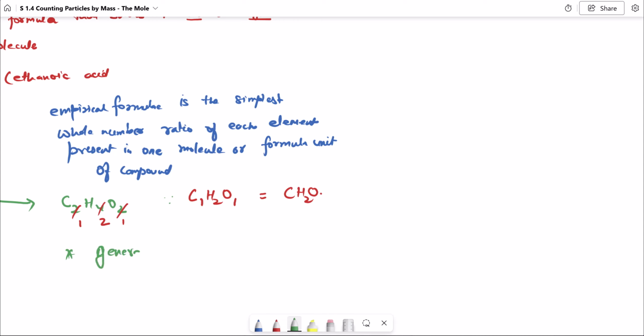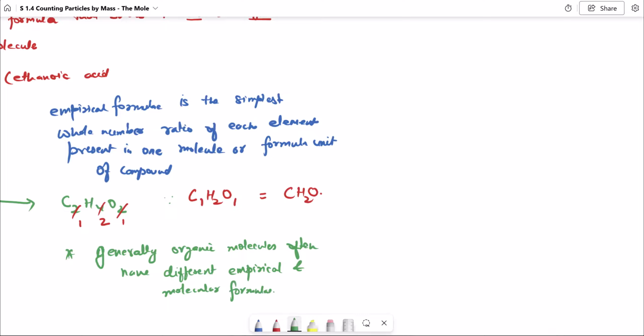Generally, organic molecules often have different empirical and molecular formula. And if you look at ionic compounds, the formula of an ionic compound is always empirical.